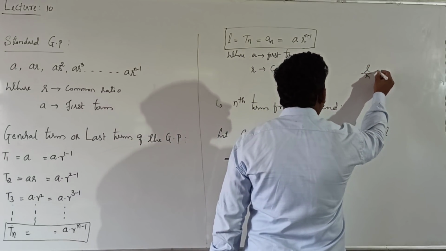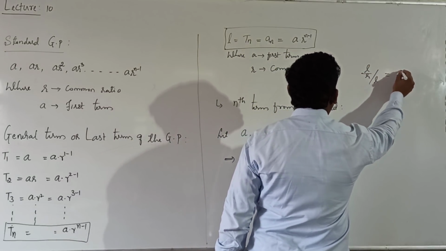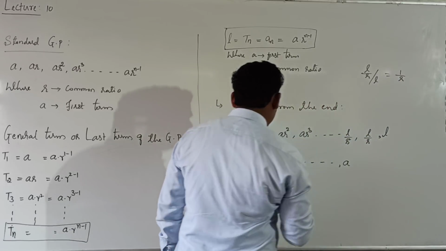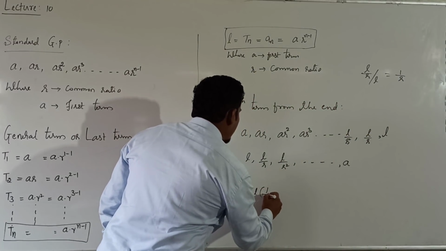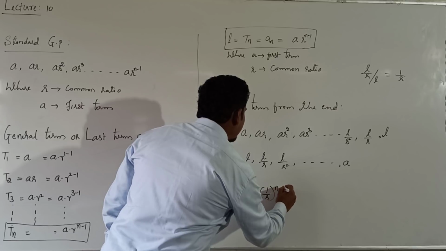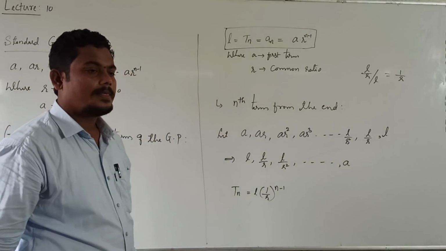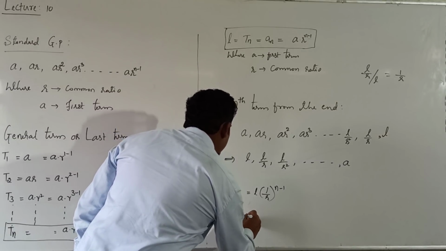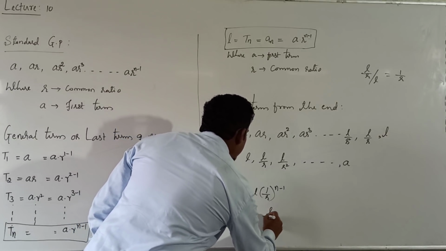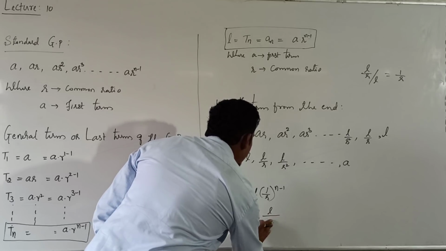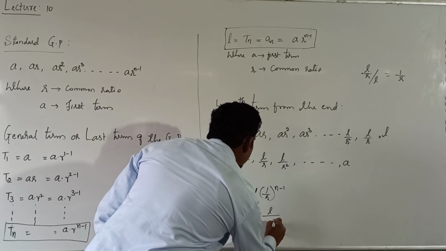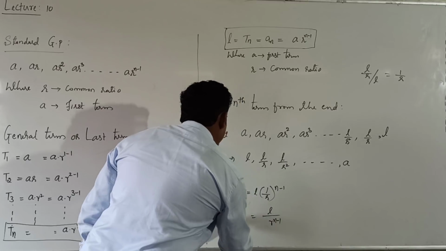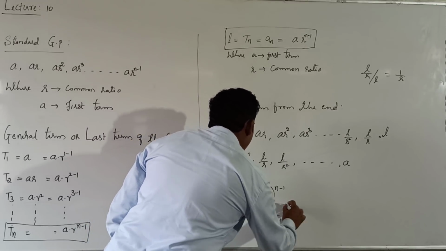L divided by R divided by L gives 1 divided by R. So instead of R, 1 divided by R whole thing power n minus 1. Tn is equal to L divided by R power n minus 1. This is nth term from the end.